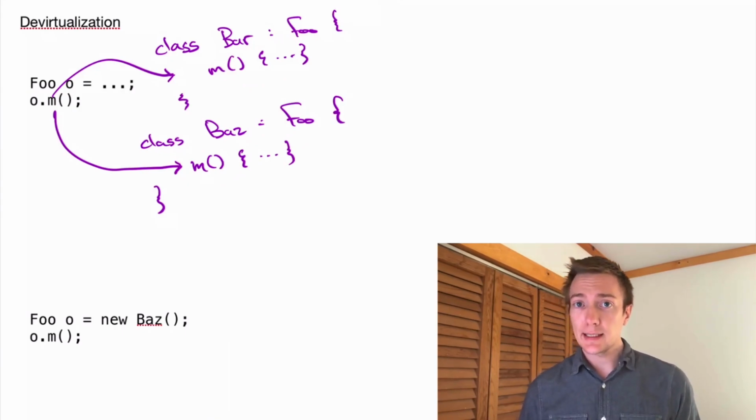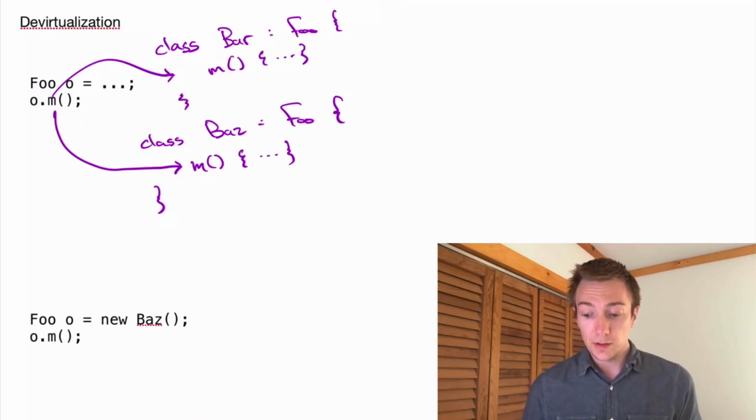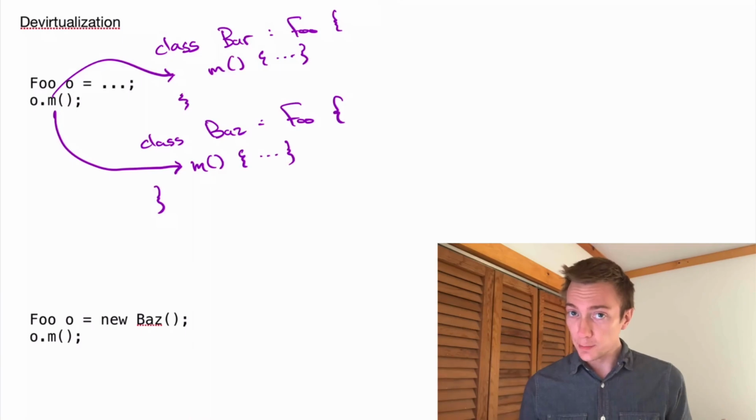Devirtualization is an analysis and transformation that tries to take virtual function calls and turn them into static function calls. So it tries to deduce, in opportunities where it's possible, and of course it's not always possible, exactly which code you're calling, and therefore make it possible to do interprocedural optimizations and to do inlining just like normal on any other static function call.